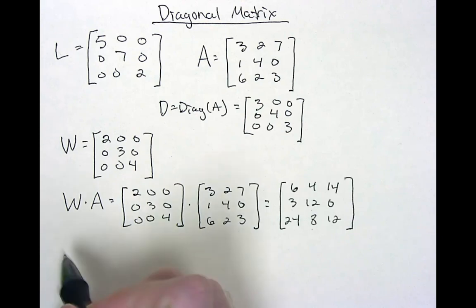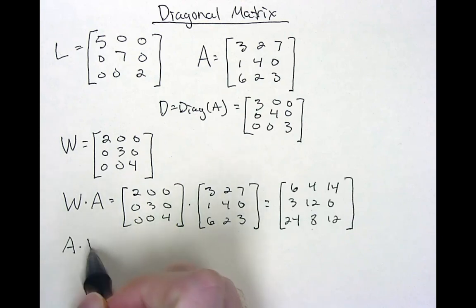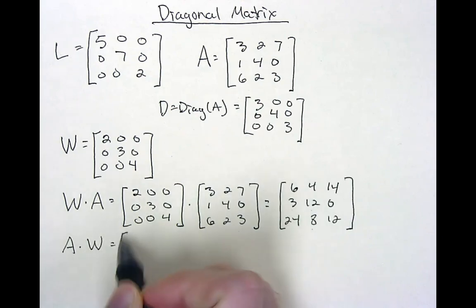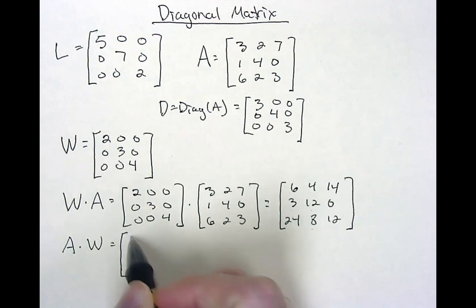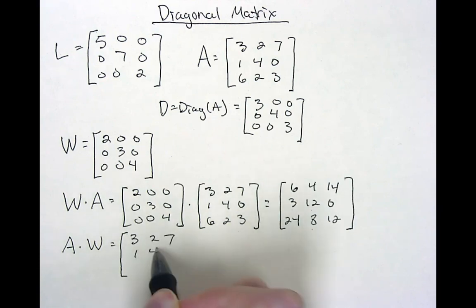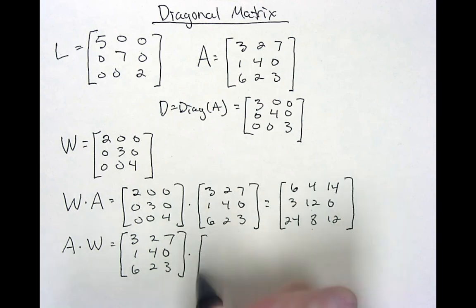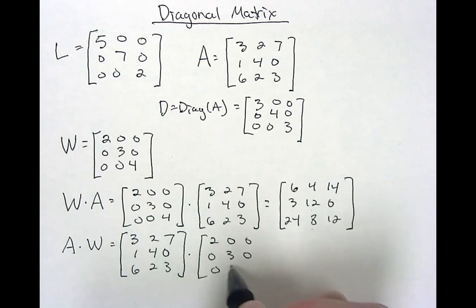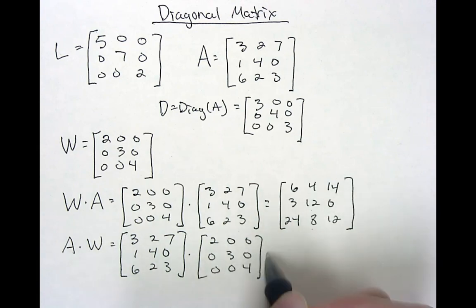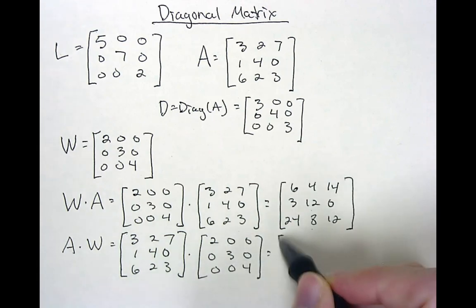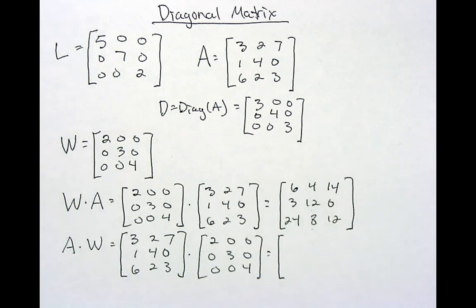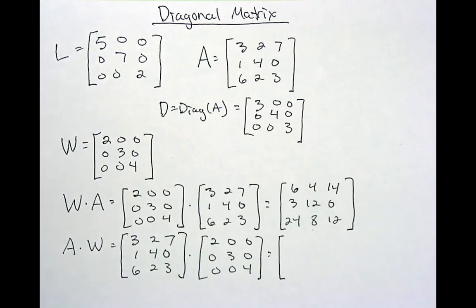Now let's see what happens when we do it the other way. A times W. Remember, like I said before, post-multiplying will weight the columns.